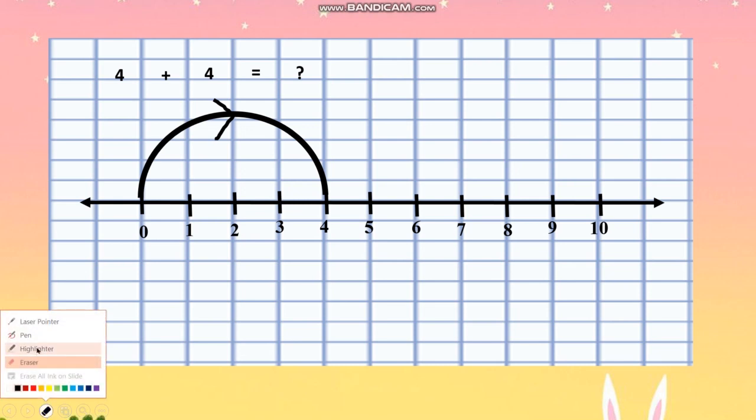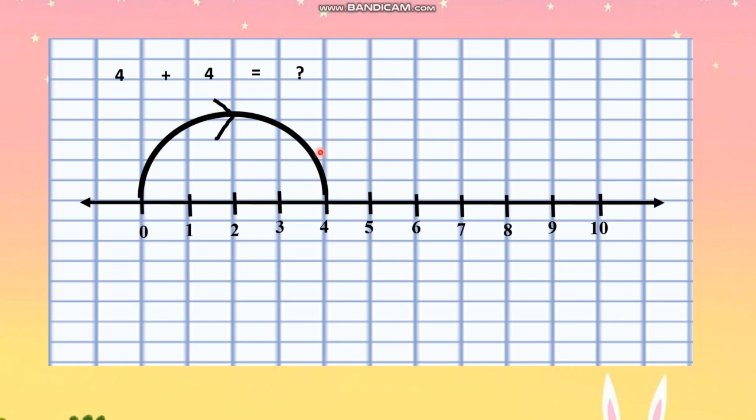Just a sec, children. Yes. So I have jumped from 0 to 4. Now what will I do? I will see the next number after plus. Which number is after plus? Again 4. So I will jump how many times? Yes, I will jump 4 times.